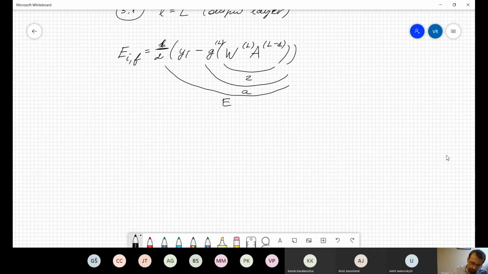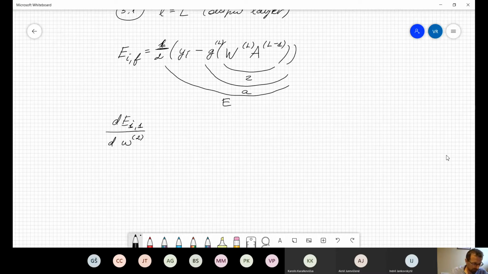Let's derive, for instance, E1, so this is the first output neuron. For the first output neuron, we will be using our toy network right now for the simplification. And W, a weight on the second layer.